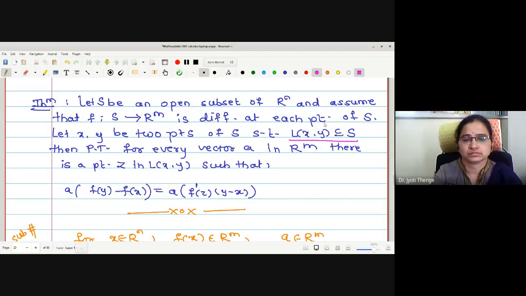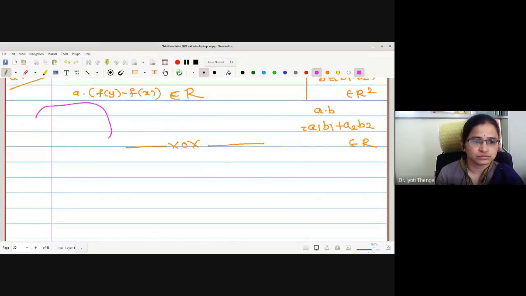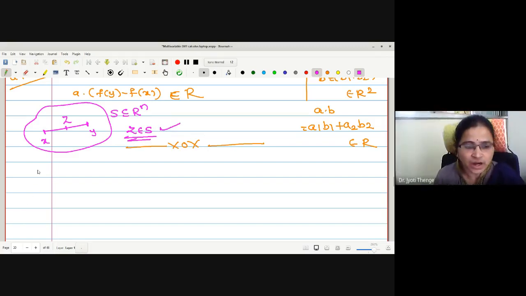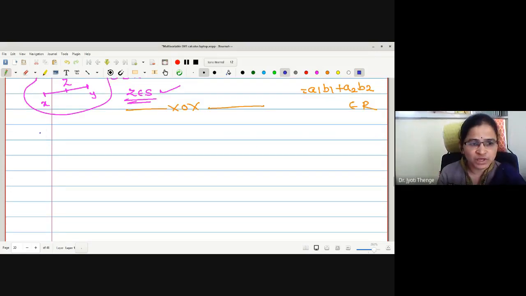If X and Y are two points such that the line segment joining them is in the same set, then the point Z on the line segment belongs to S. Yes, that's why the condition was imposed. Now let us start the proof.